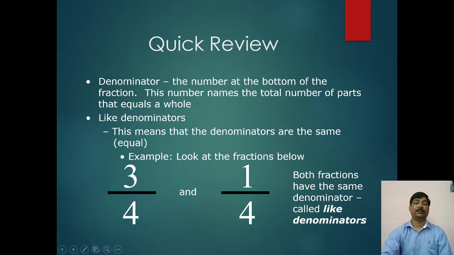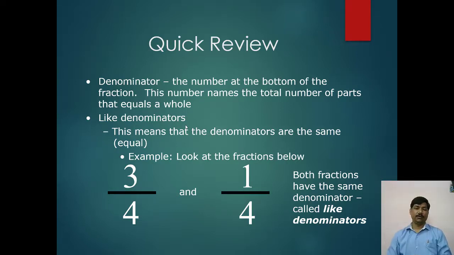Denominator: the number at the bottom of the fraction. This number names the total number of parts that equal a whole. Like denominators means that the denominators are the same or equal.